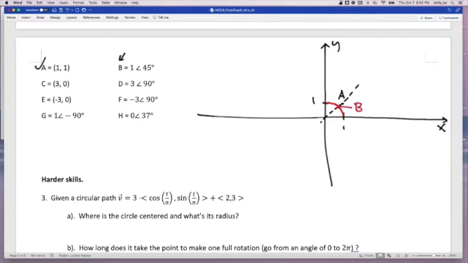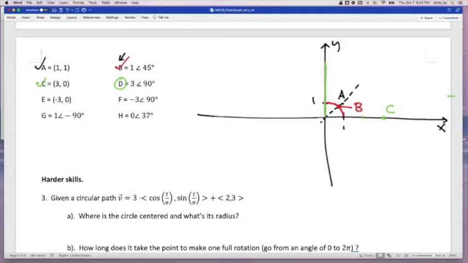Okay, so point B is done. C is 3, 0. Let me switch to yet another color. So C is 3, 0: 1, 2, 3. So that's C right there. Okay, what about point D? 3 at an angle of 90 degrees. So 90 degrees would be in this direction.